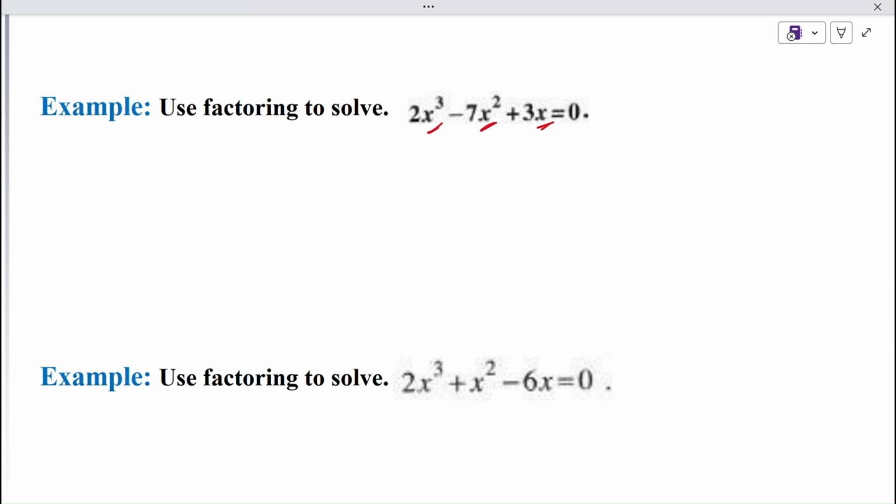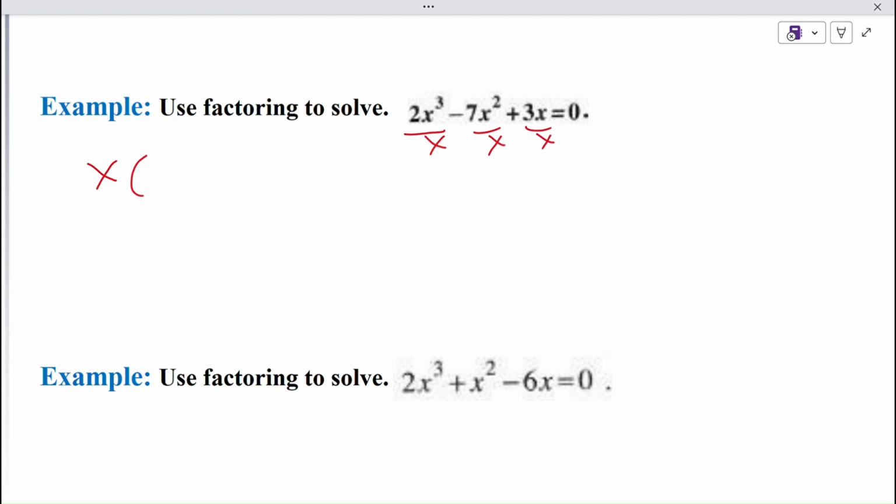So just think about it. Take out this x. How many x? I told you, take the least power. The least power of x is 1. So you have to take out x to power 1. Then divide all terms by x to power 1.